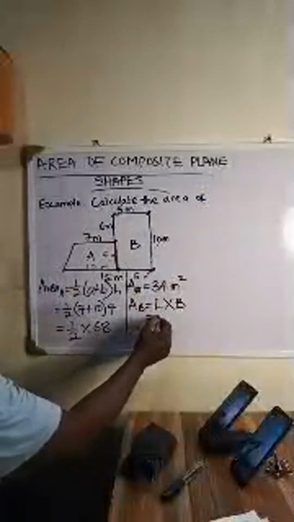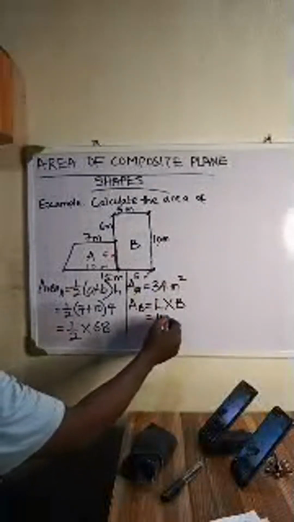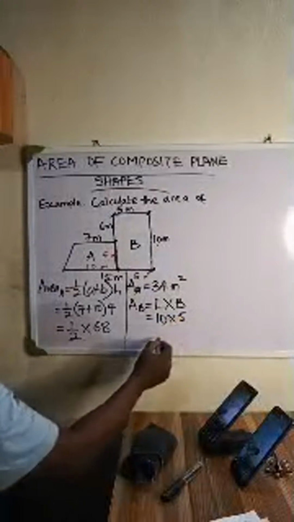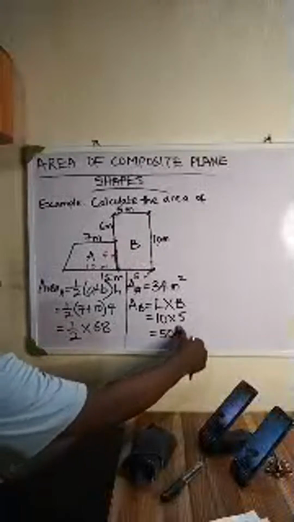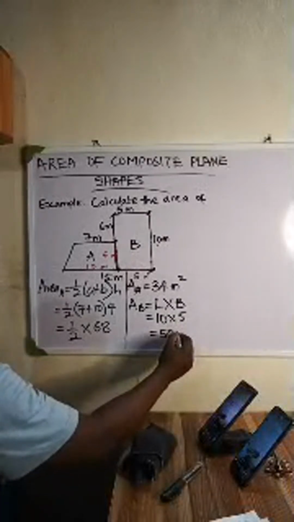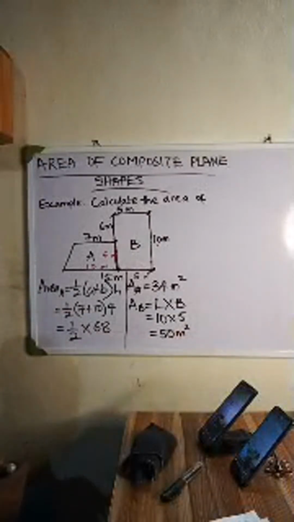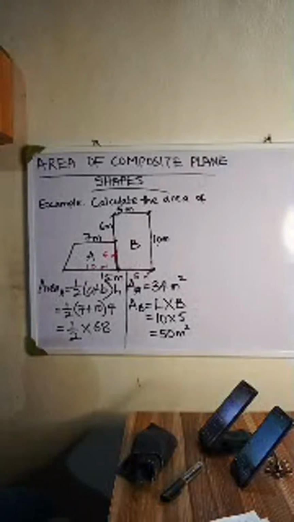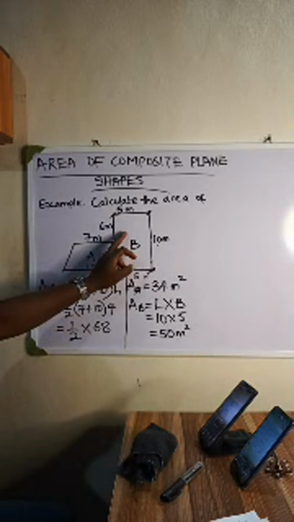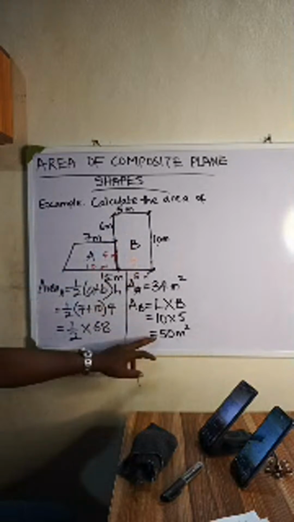So we have 10 times 5, which will give us 50 meters square. So the area of shape B is 50 meters square.